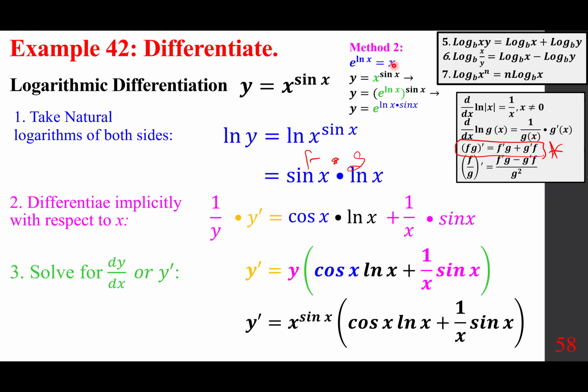So since e to the power of ln x is x, and in this case y is x to the power of sine x, we can replace the x with e to the power of ln x and say it's e to the power of ln x times sine x. This we know how to differentiate. Because remember, how do you differentiate e to any power? The answer is itself and then times the derivative of the exponent. Remember that? That's how you do exponential. So we know how to deal with the exponentials. We can go that route, or we use logarithmic differentiation.